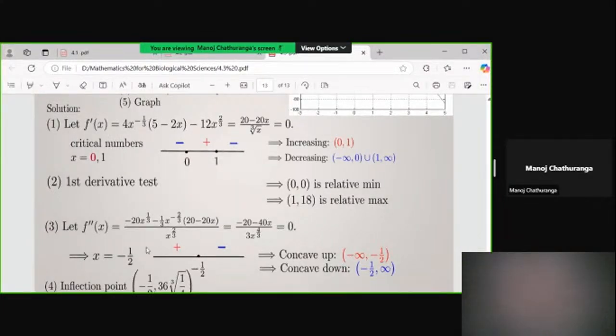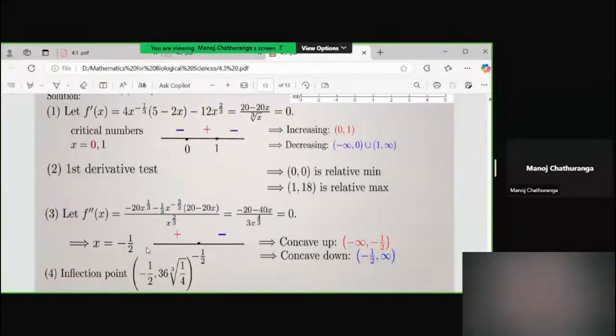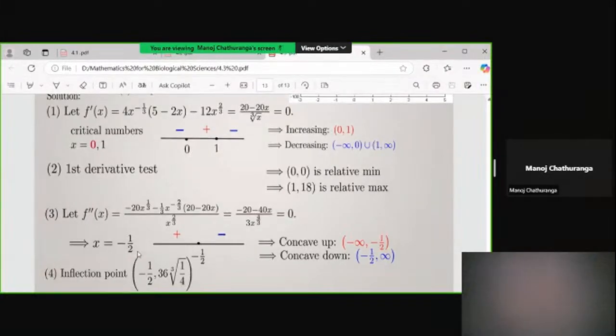I'm not going through the computation, I'm just explaining the answer on the page, but you must go through this. At x equals 1/2, concavity changes.